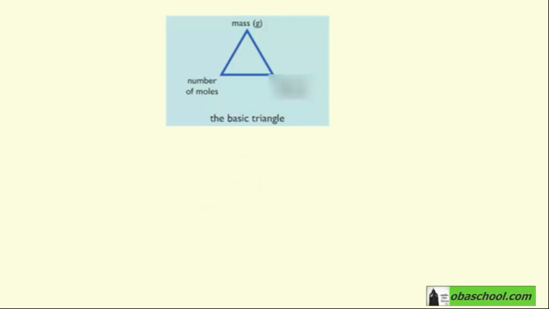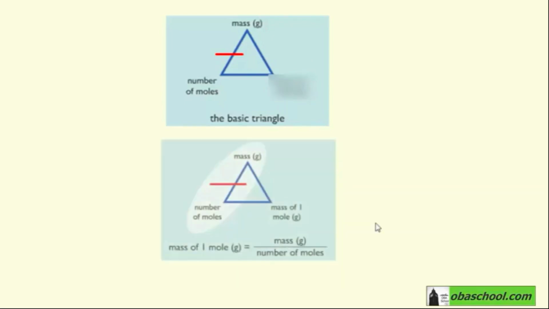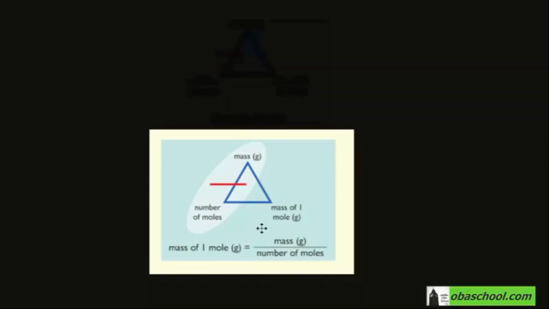And as we did before, I'll put a dash between them. So the mass of 1 mole equals the mass divided by number of moles. This figure is found in our books. Mass of 1 mole equals mass in grams divided by number of moles.